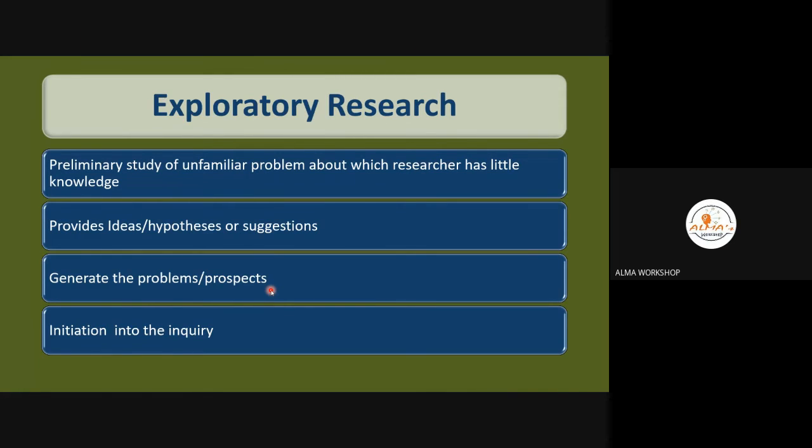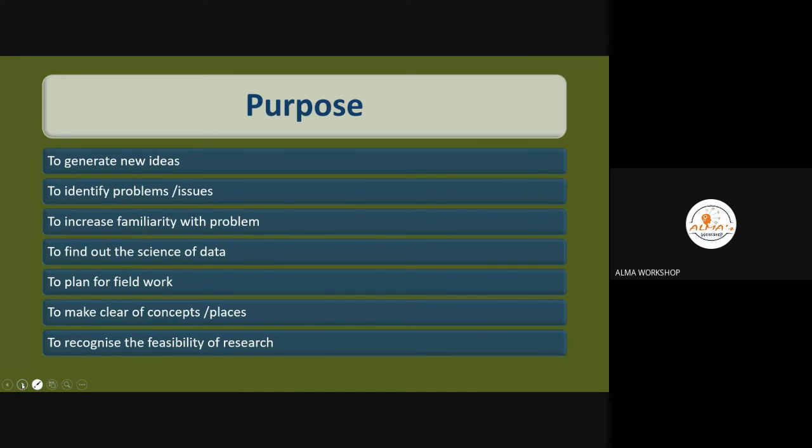In our classroom, all the time she will be doing some research, trying to find out about the unfamiliar problems happening inside the classroom. That is why we have a type of research called action research, where you do some action for the classroom and try to solve some problems. And initiation into the inquiry, you try to find out what is happening inside the classroom. I am giving only a classroom example for exploratory research.